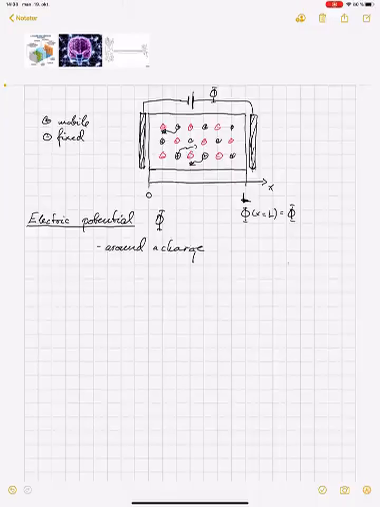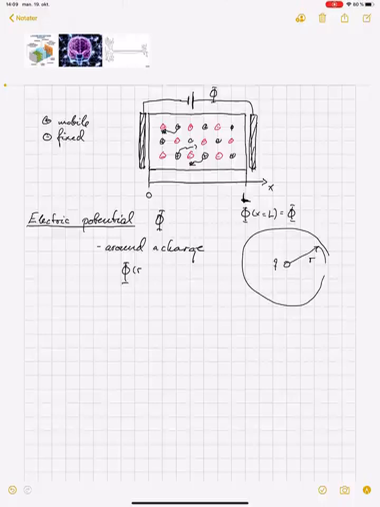If we've got a charge Q, then at some distance r around the charge, the electric potential as a function of this distance equals 1 over 4 pi times the permittivity of the medium times the charge divided by the distance.